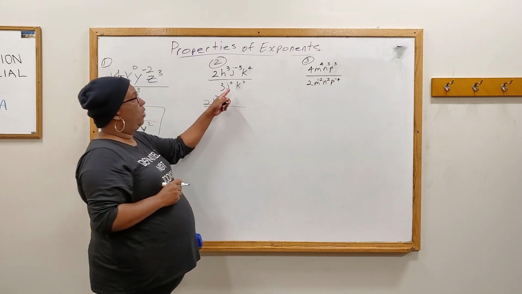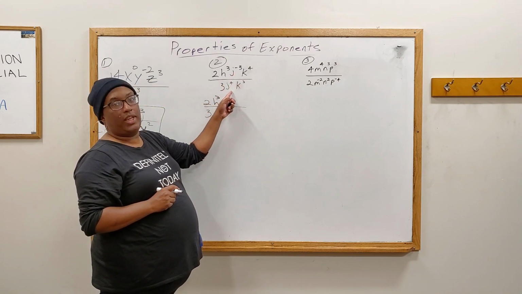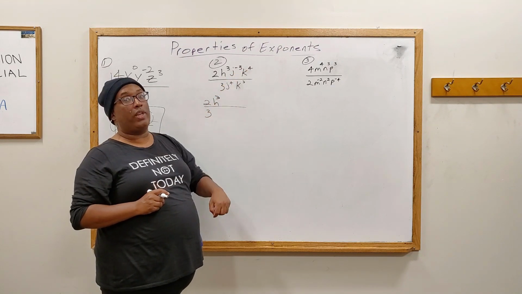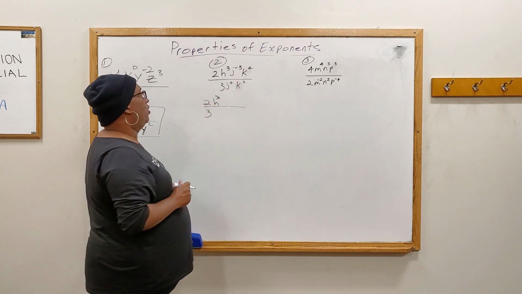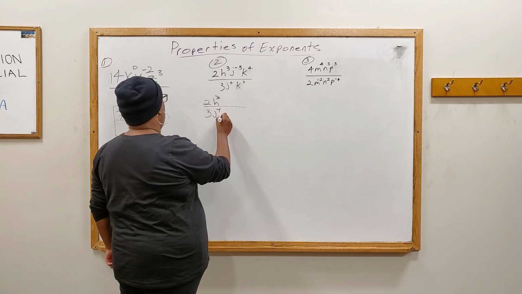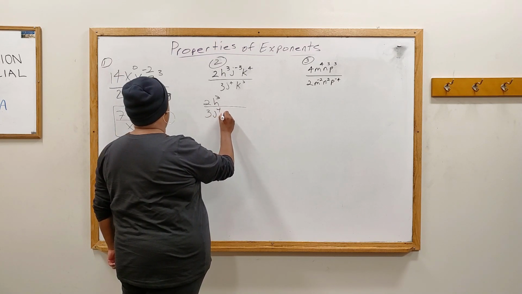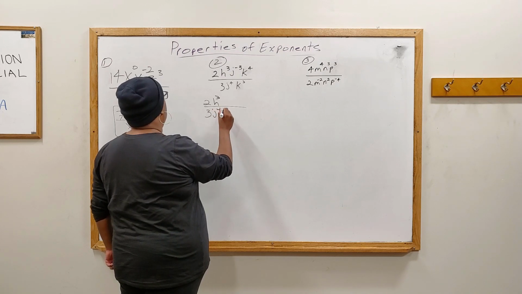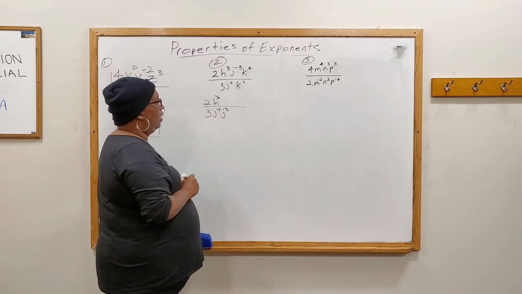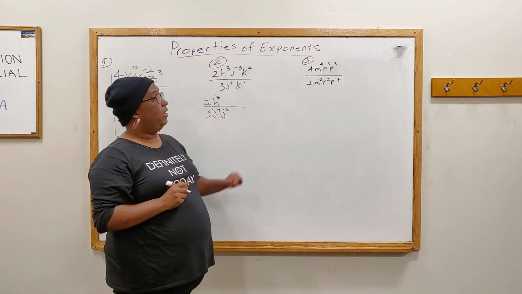The j's, we have j to the negative 3, j to the 4th. The negative tells you want to move it and make it positive. So we have j to the 4th times j to the 3rd. And we will fix that in a minute.